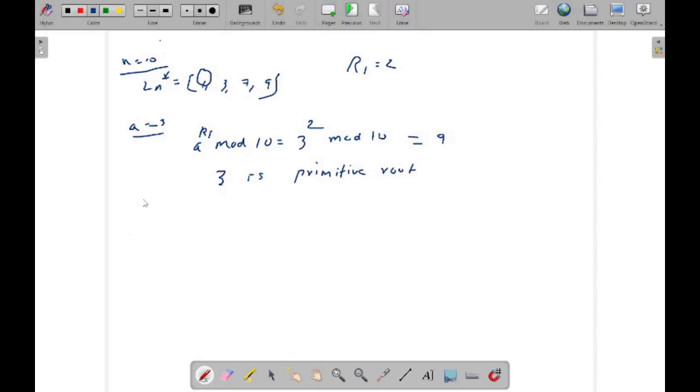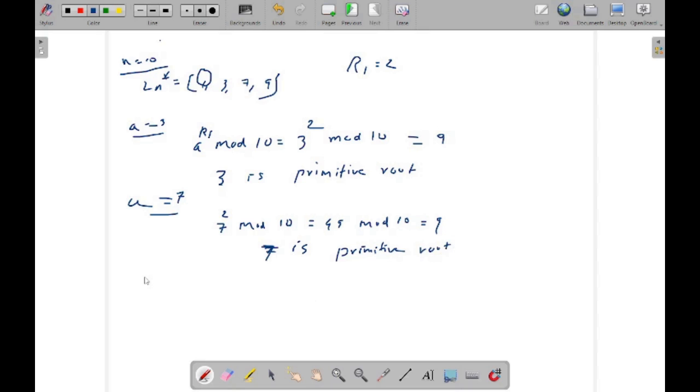Take the next element, a equal to 7. Compute 7 raised to R1, which is 2, mod 10, equal to 49 mod 10. It is not equal to 1. So 7 is a primitive root.